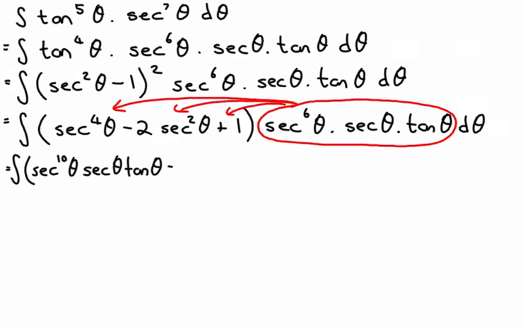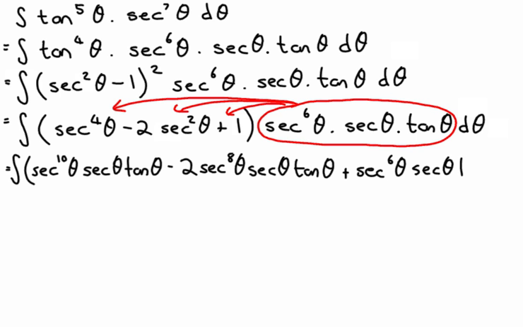Then minus 2 sec squared theta times sec to the power of 6 theta is sec to the power of 8 theta, times sec theta tan theta. Last one, plus, and we're timesing it by 1, so it's sec to the power of 6 theta, sec theta tan theta, with respect to theta.